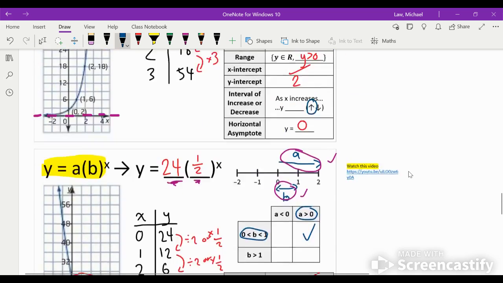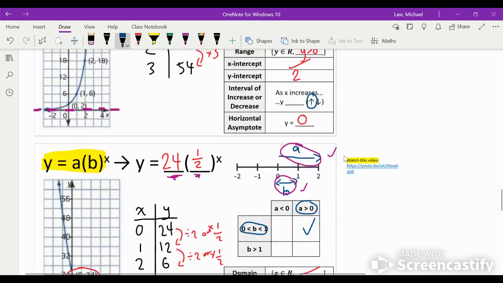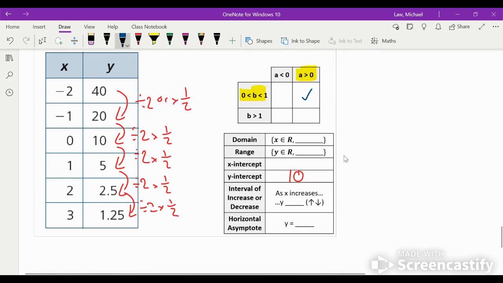If you refer back to the summary that we made before, this exponential function should have a shape that resembles that. So let's copy that down over here, and that is going to help us determine the other properties of this exponential function. It's going to look something like this.